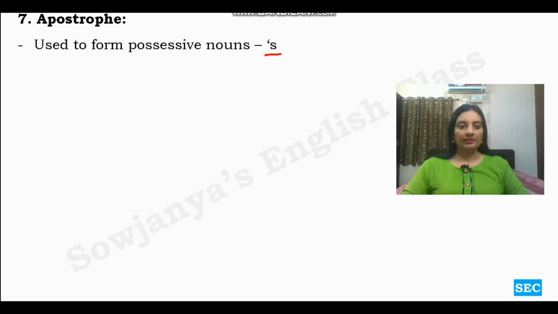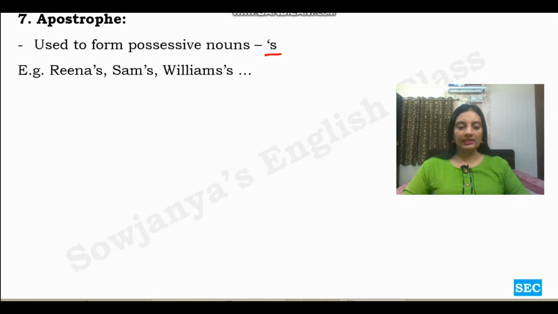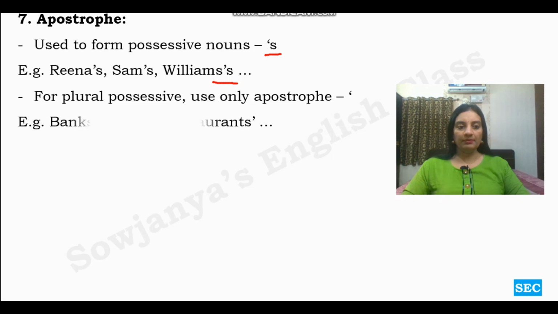For example, Rena's, Sam's, Williams's. So here I deliberately gave this particular example because I wanted to tell you, if it is an individual name, it takes apostrophe S. Okay. If it is a plural, it won't take this S, only apostrophe. Example, banks', hostels', restaurants'.